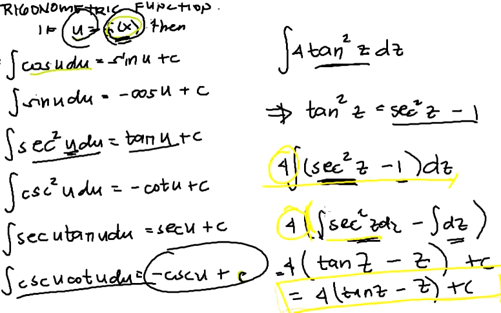We integrate the secant square z dz, which is equal to tangent z, and the negative 1 dz is only equal to z. Then multiply by the constant 4, and then plus c. So finally our answer is 4 tangent z minus z plus c.